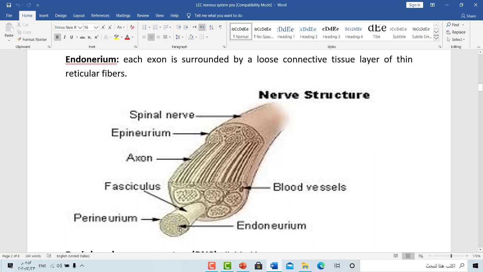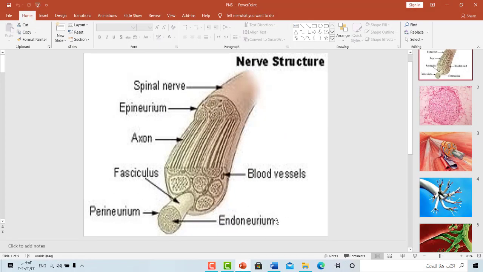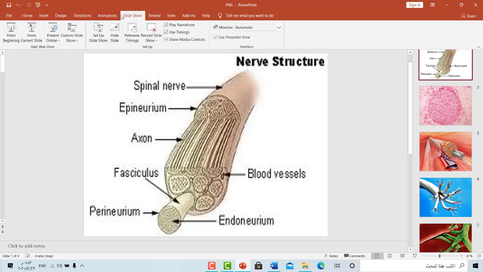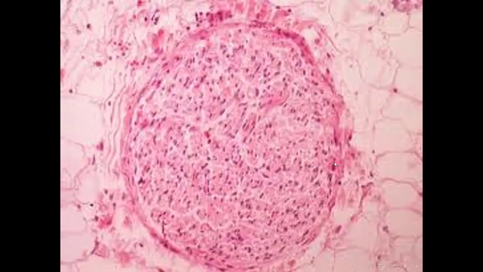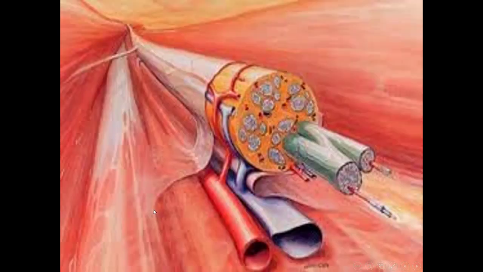Each bundle is called a fascicle, and each fascicle is surrounded by the epineurium. This is very clear in the PowerPoint. The nerve fiber has the axon, Schwann cell, and endoneurium around each axon, and many axons are surrounded by the perineurium.